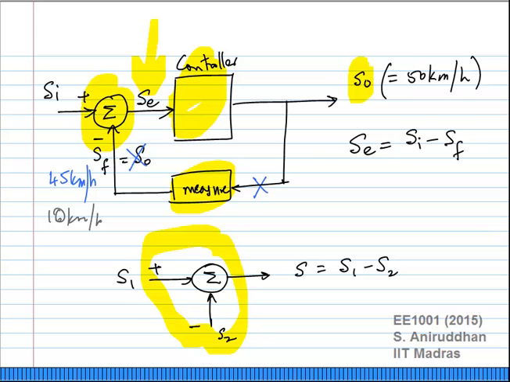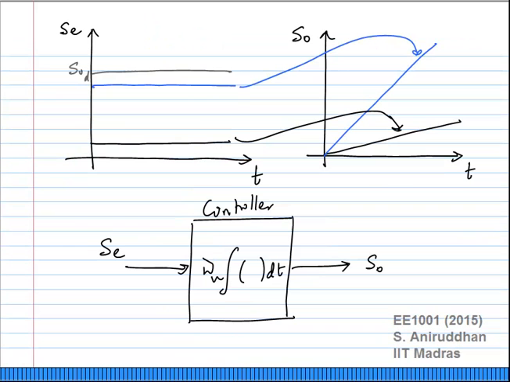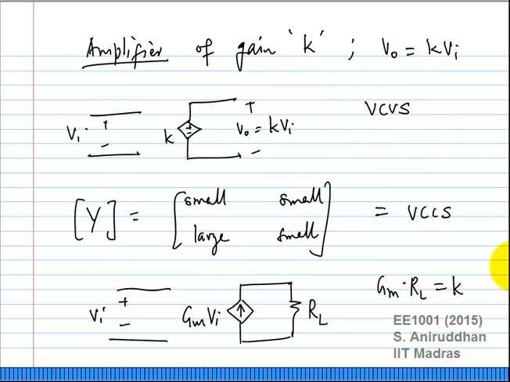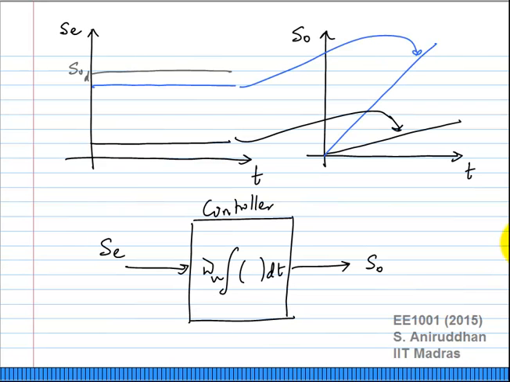Now, very specifically in the case of electrical engineering, we are interested in using negative feedback to build an amplifier of gain K. Before we go there, we need to understand what the controller is composed of, and we saw that a controller should have some form of integration going on inside.